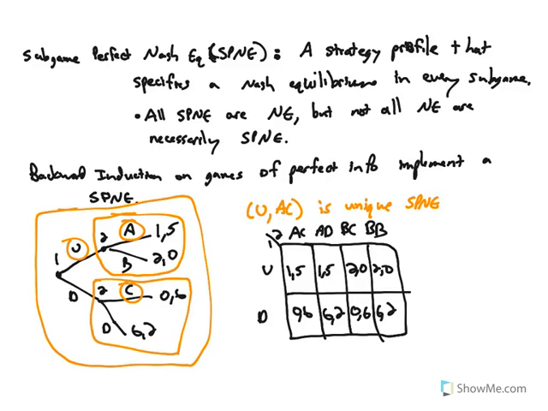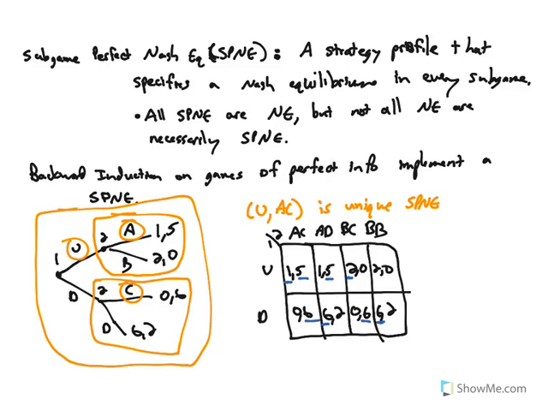What are the Nash equilibria of this game? Well, the best responses, if player 1 plays U, these are the best responses for player 2, AC and AD. And if player 1 plays D, best responses are AC and BC. And then in each column, here's the best response, here's a best response, and best response.